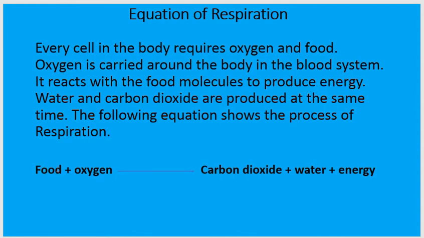Food in your body is in the form of glucose or sugar. Glucose or sugar, or you can say it as food. So when the glucose is broken down, it reacts with the oxygen and it produces carbon dioxide, water and energy. So this is the chemical equation of respiration. You have to learn it.